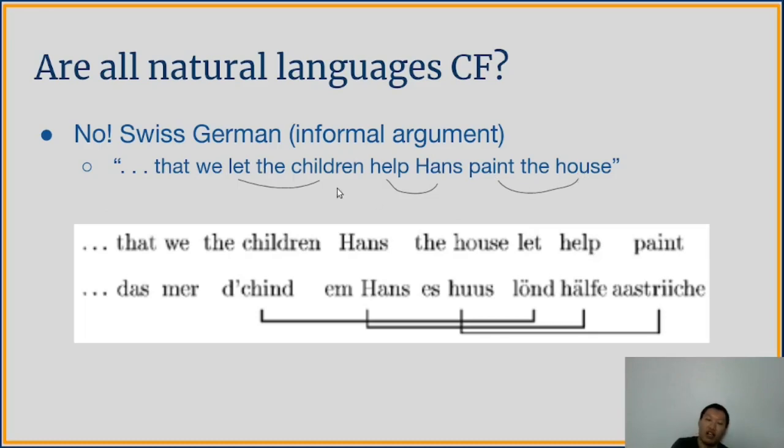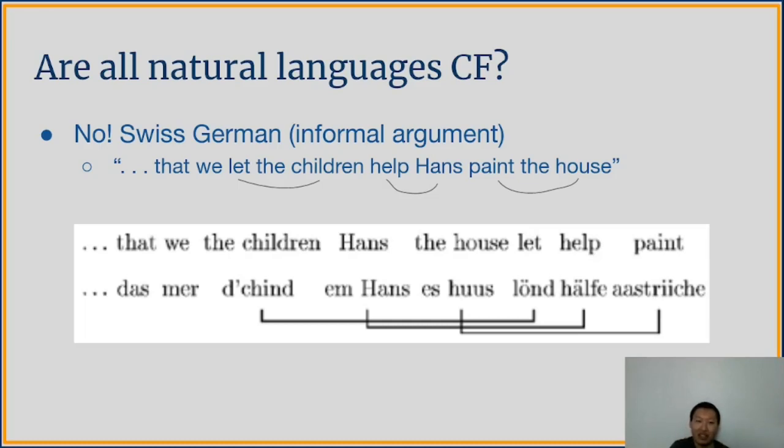And then if we translate that to Swiss German, the word order is a little bit different, and you can see that the children aligns with let, and then Hans is connected to help, and then house is connected to paint. If you plot out all the lines that connect these words, they all intersect, and you can make an arbitrarily large number of these intersecting lines in Swiss German. And so that's one reason why Swiss German is not context-free.